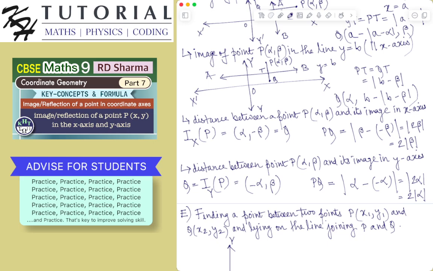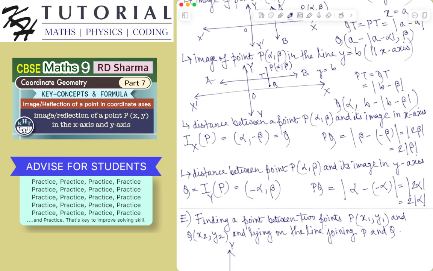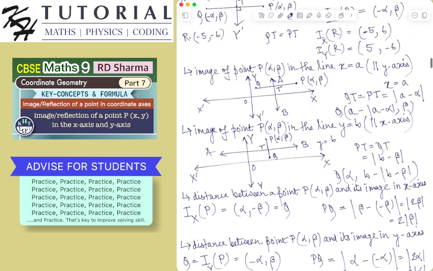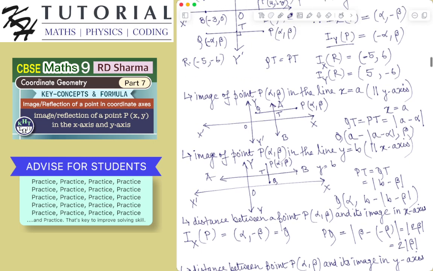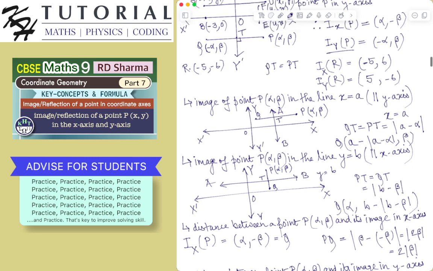I hope this video will be beneficial in understanding the concept of a point and its image in the y-axis and the x-axis, and what will be the distance of the point and its image, whether it is taken in the y-axis or the x-axis, and also in general how we find the image of a point in a given line which will be either parallel to the x-axis or y-axis.